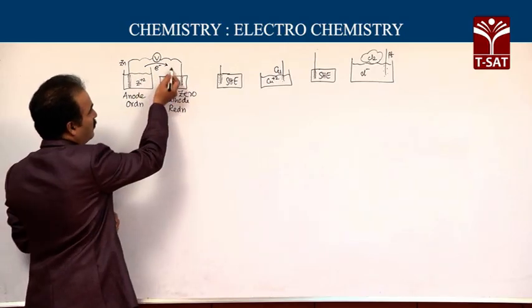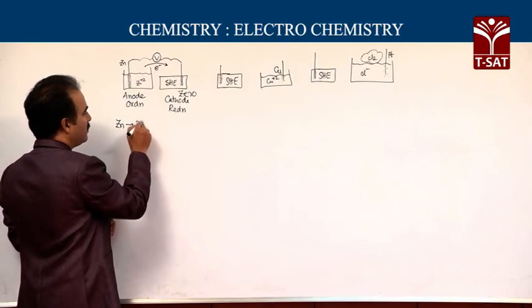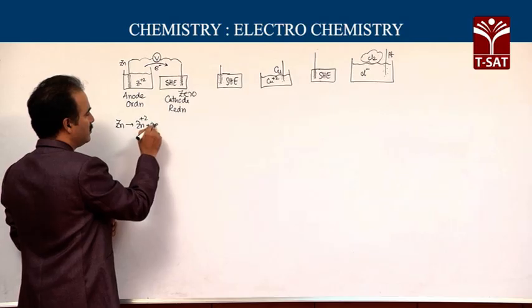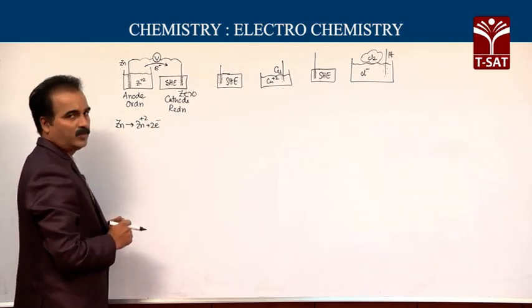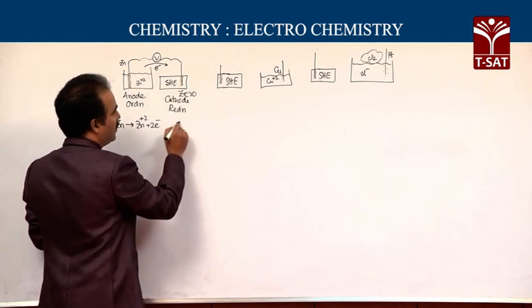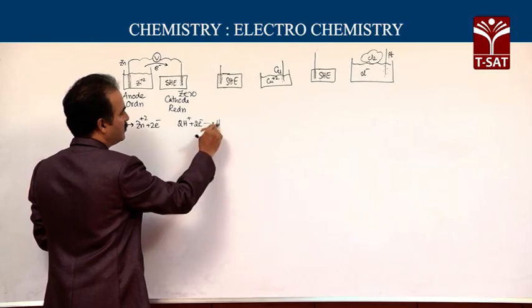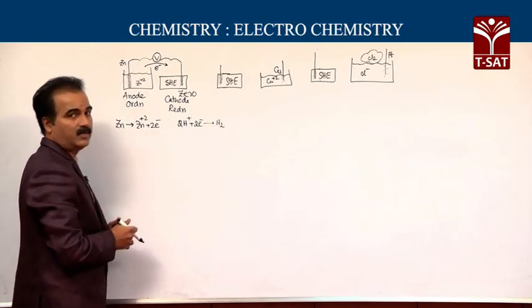The electrons are flowing in this direction, so the reaction occurring at the zinc electrode is zinc becomes zinc plus 2 plus 2 electrons, and here the 2 electrons are received by 2 H plus ions and converted into H2, that is hydrogen gas is liberated here.